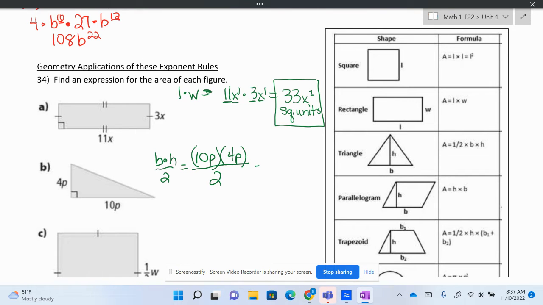So what is 10 times 4? 40. What is p times p? P squared, right? Because these are p to the first. Add them up. All over 2. Can I reduce that one more? Yeah. 40 divided by 2 is 20. So I end up with 20 p squared square units.